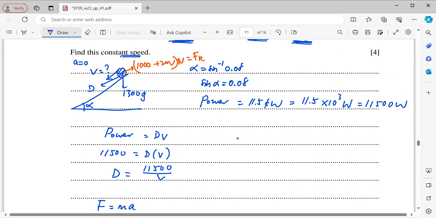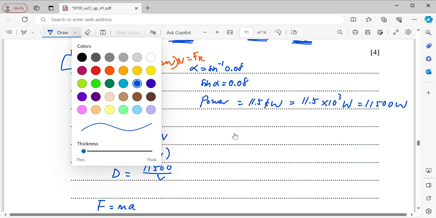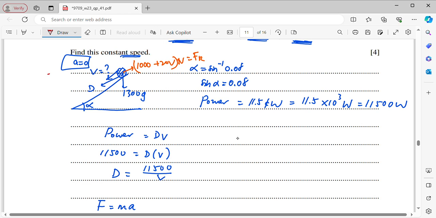That's my D. Okay, so using Newton's second law, F equals to ma. So again, this is A equals to 0. So it's just that now you have to resolve. Okay, so then when you resolve this 1300 G towards, which is parallel to the plane, this angle is not given. Therefore, I have to resolve using sine alpha. Okay, so when you resolve, this force will be in the same direction of the D. Okay, and against the FR.